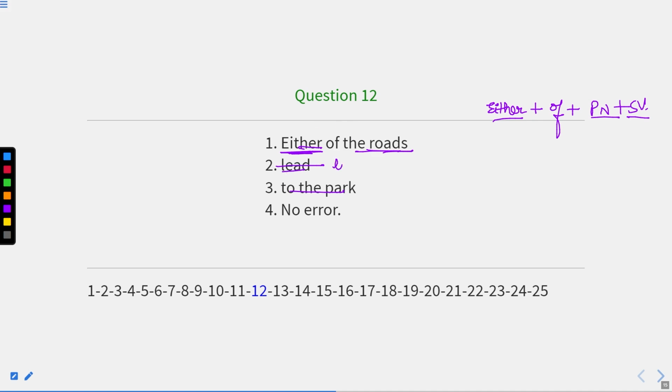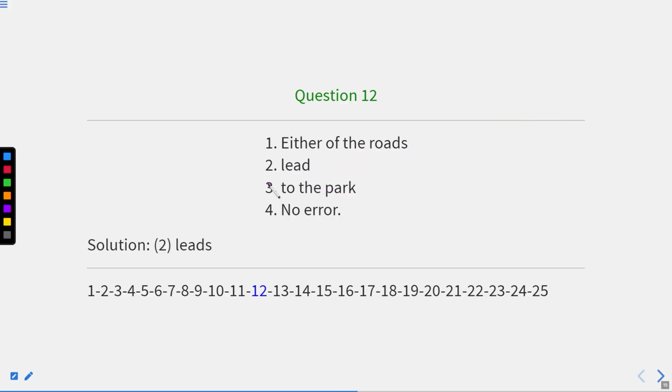Therefore this lead should be replaced with leads. Because this either makes a choice between the two, it means we select one from the two. So the correct sentence will be, either of the roads leads to the park. It means one of these roads leads to the park. So the error is in the second part, where this lead should be replaced with leads.